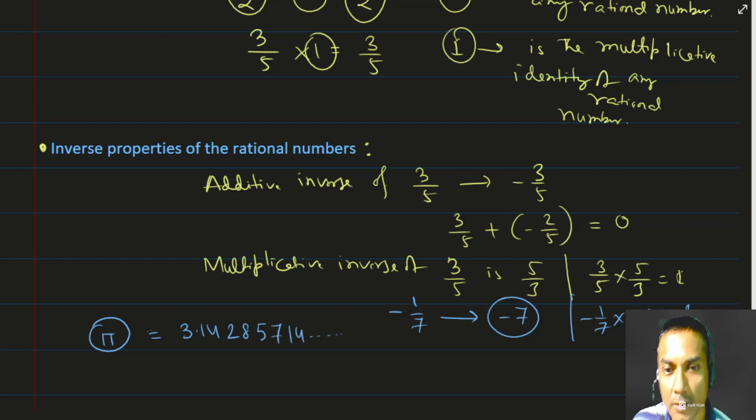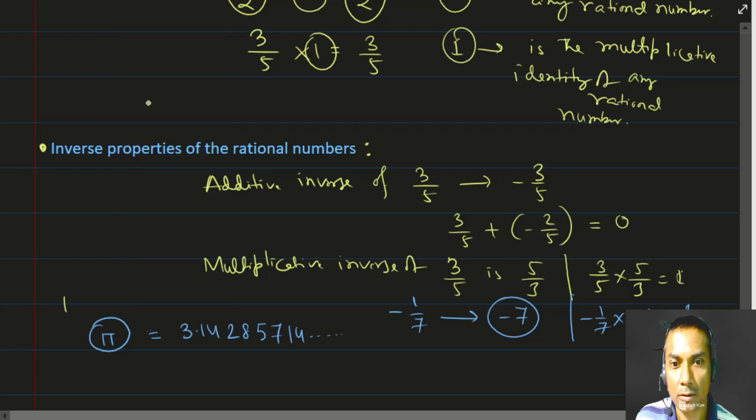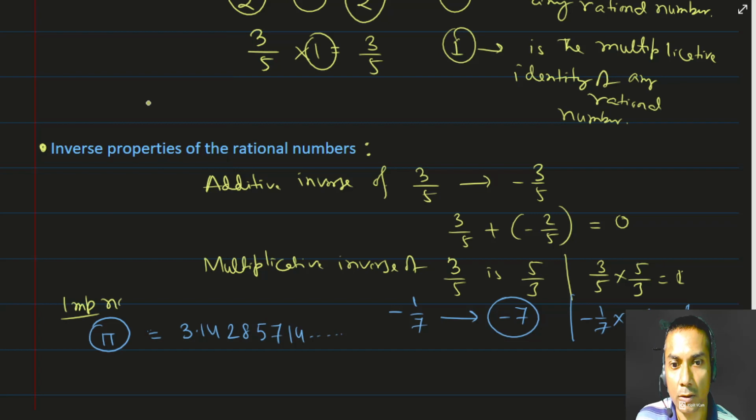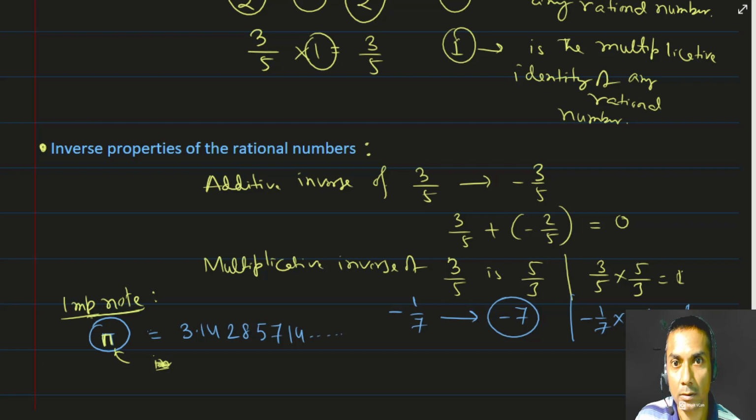Okay, it is an important note. This pi is a very popular irrational number.